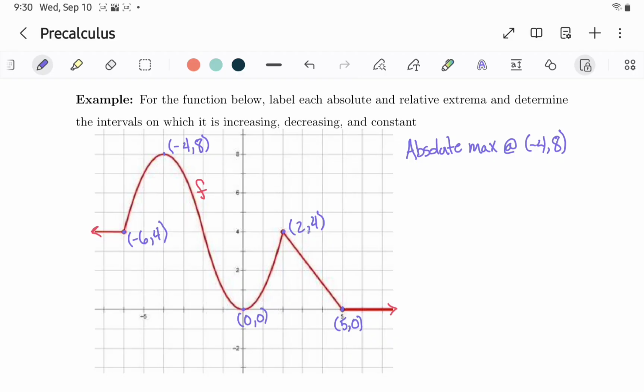Now, if we look at this other high point at 2, 4, it's not the greatest value of f, as we just discussed. That's going to be 8. But we can find an interval containing 2 in the domain of f such that 4 is going to be the greatest value of f for all x in that interval. We could imagine what that interval might be.